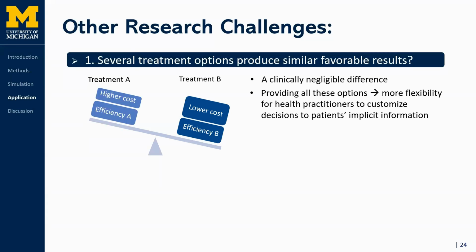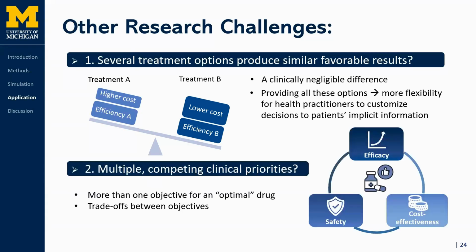So I don't want to assign only one optimal treatment. I allow several treatments to be within the pool. Depending on the second aspect you are considering, you may want to choose among them. So these are multiple competing clinical priorities we want to consider.